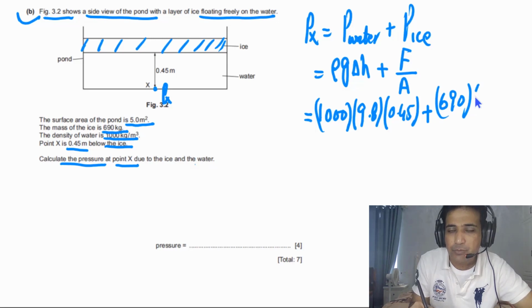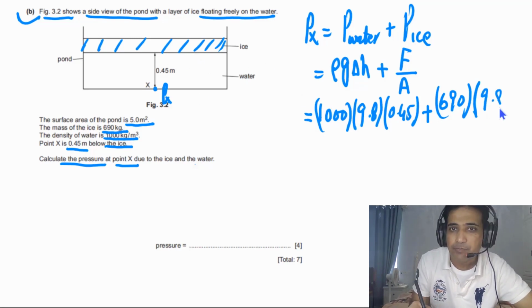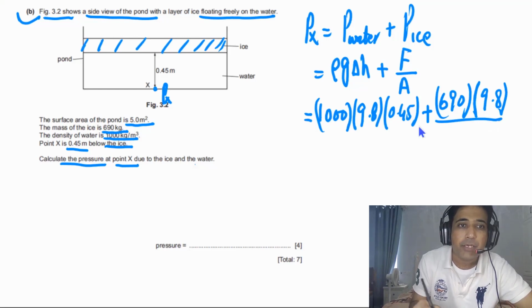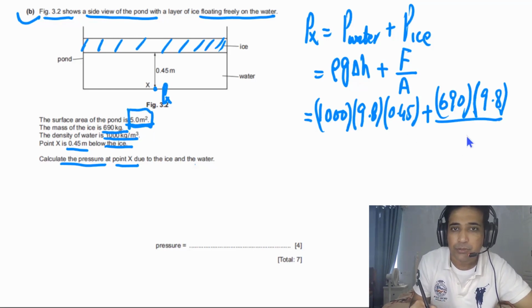We need weight, means the force exerted on this surface, so we have to multiply by G. So this is 9.8 divided by contact area, that is 5.0 meters square. Now we just need to simplify.